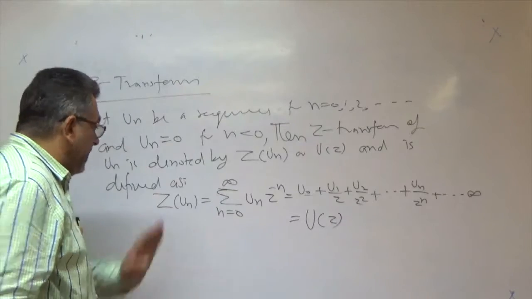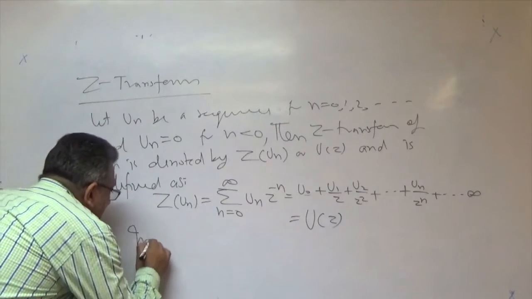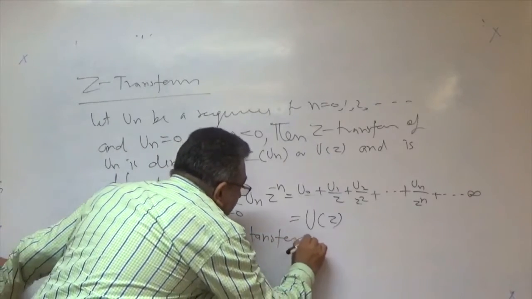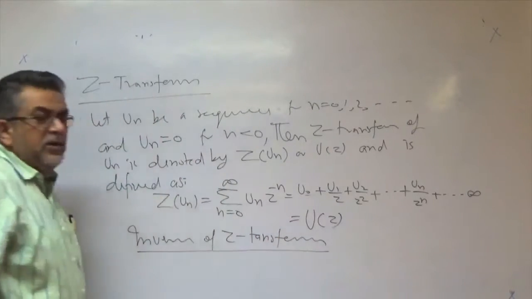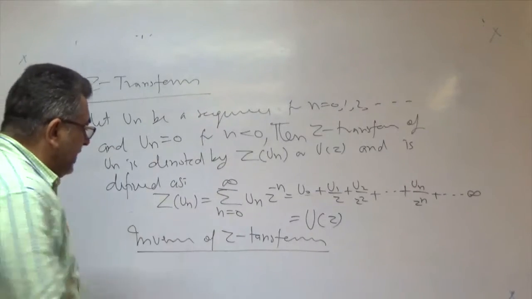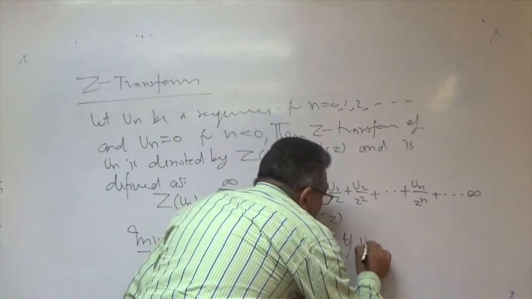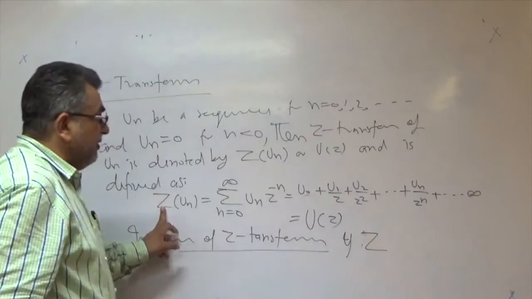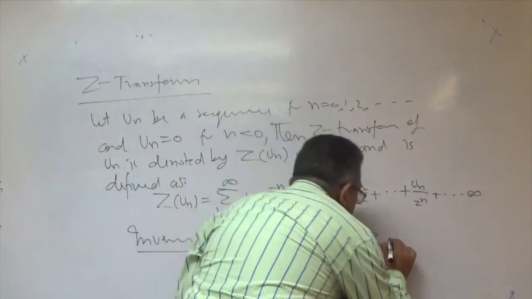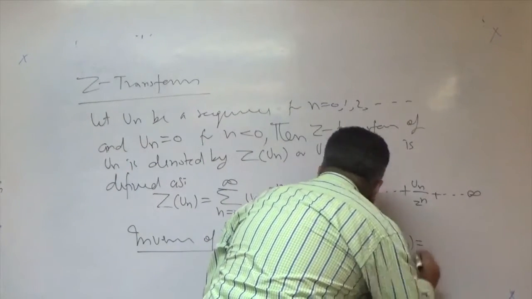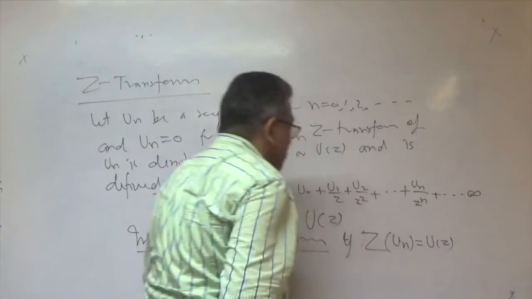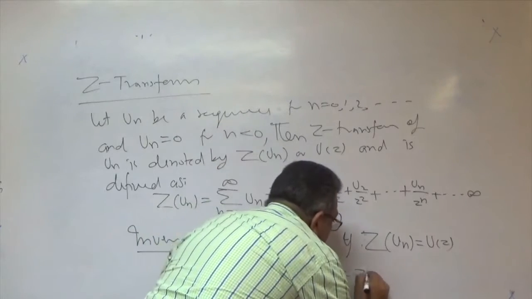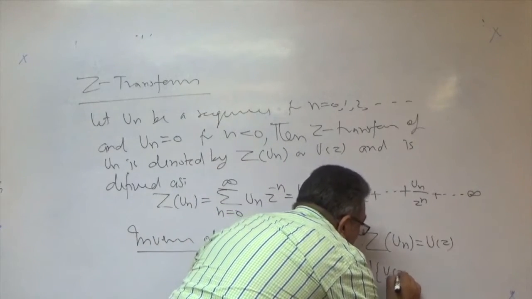And from here, you can also define the inverse of the Z transform. Actually, if capital Z, which denotes the Z transform, of u_n is equal to U of z, then u_n is the inverse Z transform of U of z.